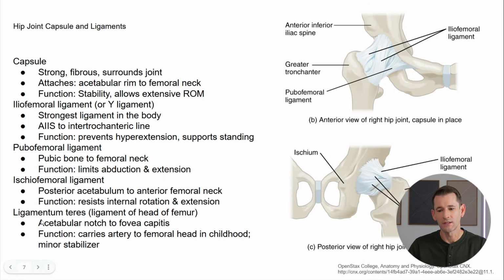And then we have this ligamentum teres, which I mentioned previously, to that dimple in the femoral head. So it goes from that acetabular notch to that fovea capitis. It originally carried the artery to the femoral head in childhood, and then it's a minor stabilizer as an adult.